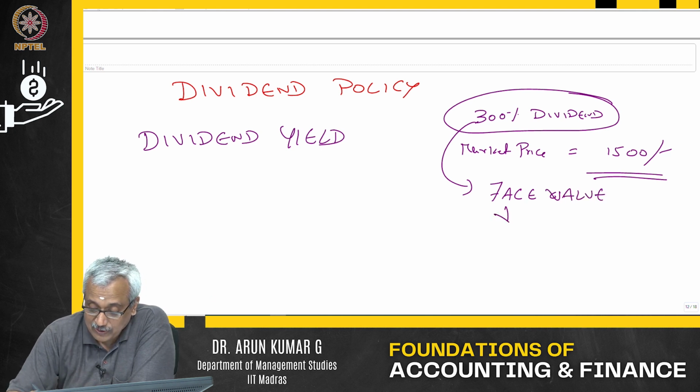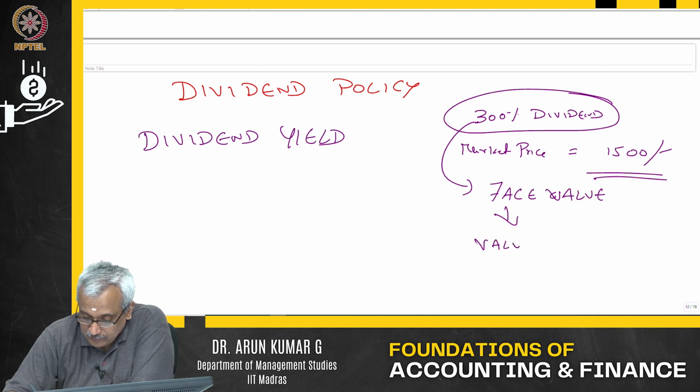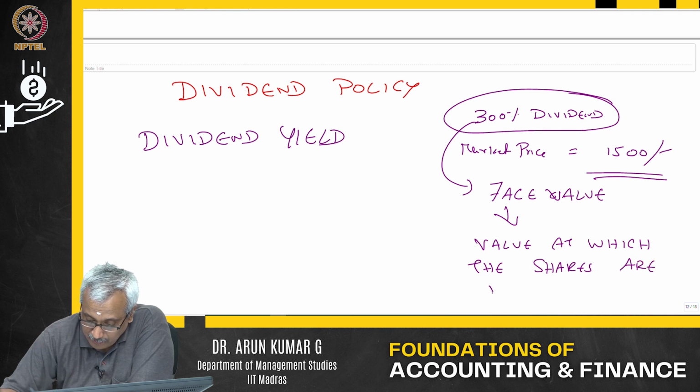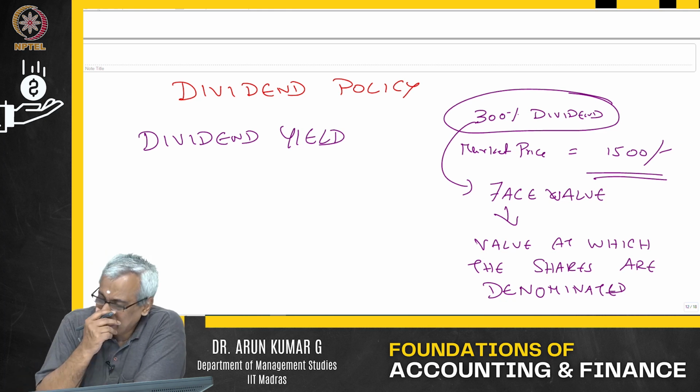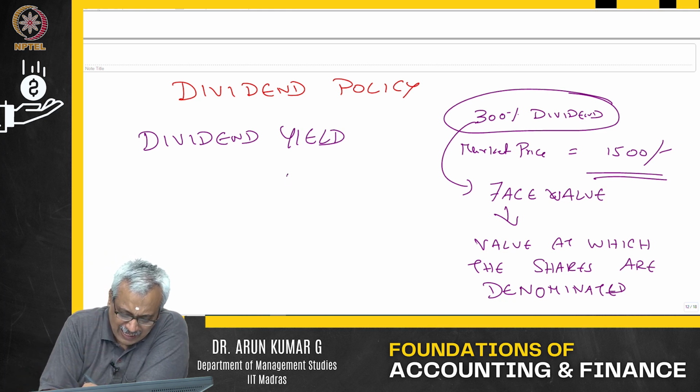What is the face value? The value at which the shares are denominated. Now, what is denominated? Say I have a capital of 10 lakhs.